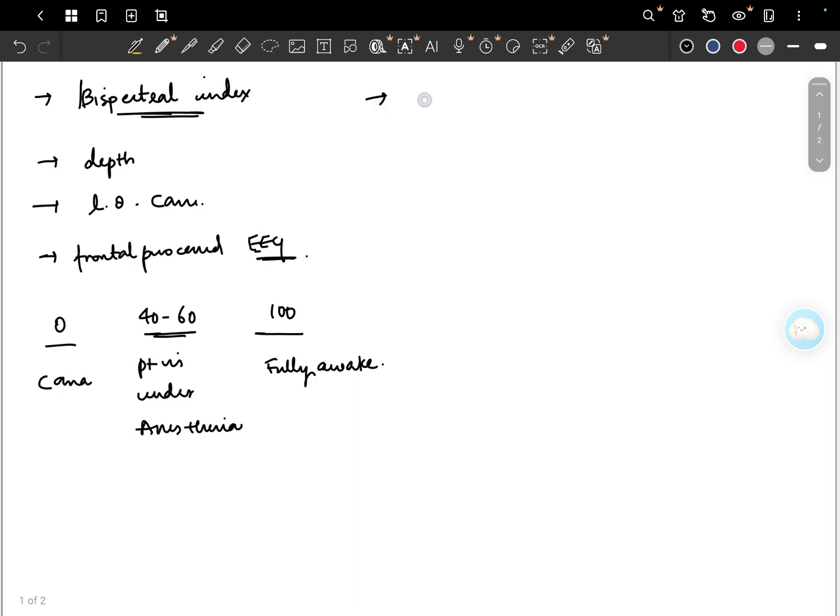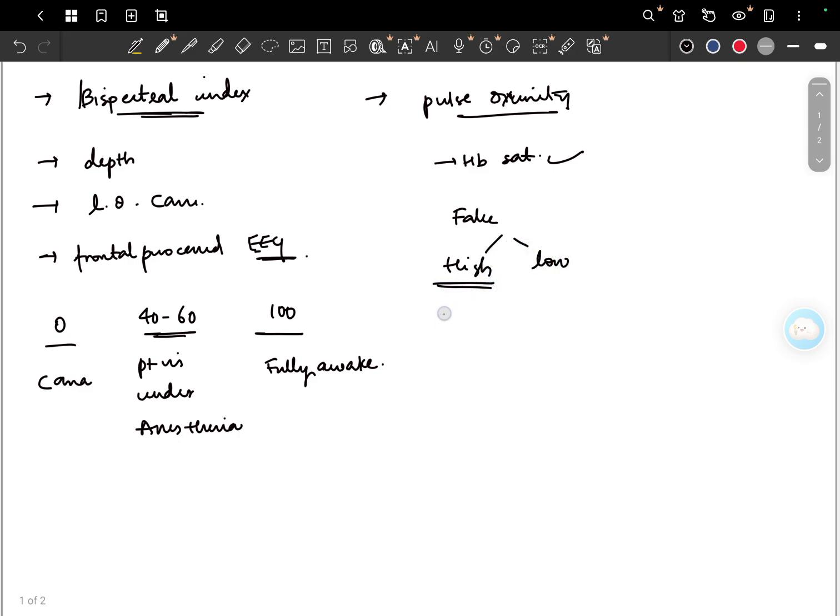Now coming to the next one, that is pulse oximetry. Pulse oximetry will measure the hemoglobin saturation that is present. There can be false high, and sometimes there can be false low.